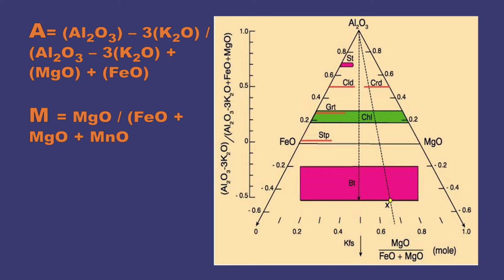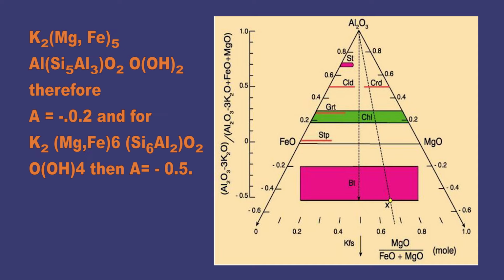A value is thus excess Al2O3 after subtracting the amount consumed in albite, anorthite, plagioclase and muscovite. The chemical formula of muscovite is K2O, 3Al2O3, 6SiO2, 2H2O, and therefore 3K2O is subtracted from Al2O3. If the A value for a biotite is calculated, it becomes apparent that this must be a negative number.